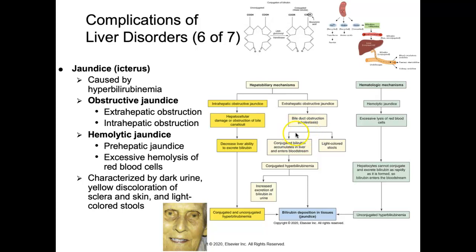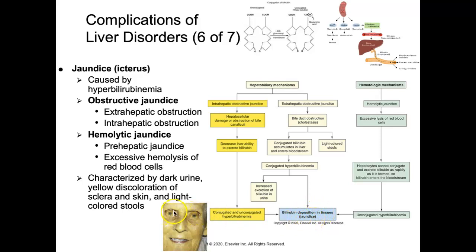And because that bilirubin is not making its way through into the intestines, we end up with light colored stools. So we have this buildup of conjugated bilirubin within the blood, and that is going to increase the excretion of bilirubin within our urine. So we get a dark urine that is formed, and then we start to take that bilirubin and deposit into our tissues.